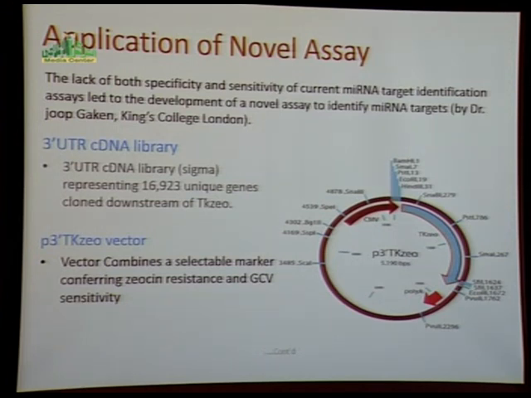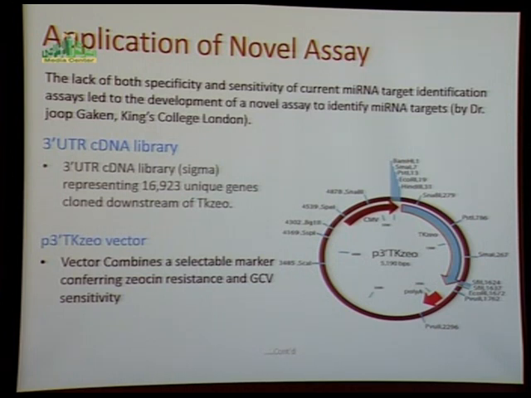So to know the target genes of this microRNA, I had to apply an assay. Due to the limitations of the available assays, such as computational algorithms or proteomic approaches, at King's College, Professor Job Jakin developed a novel functional assay.